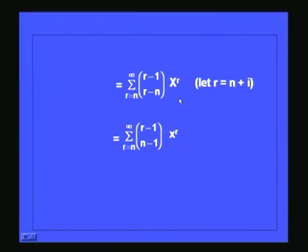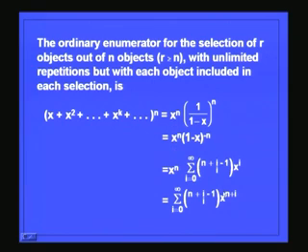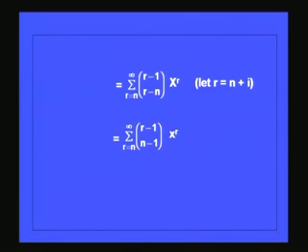So, the expression for that is C(r minus 1, i). Since n plus i is r, i will be r minus n. So, rewriting that previous expression, it will be equal to C(r minus 1, r minus n) x power r, where the summation ranges from r equal to n to infinity.